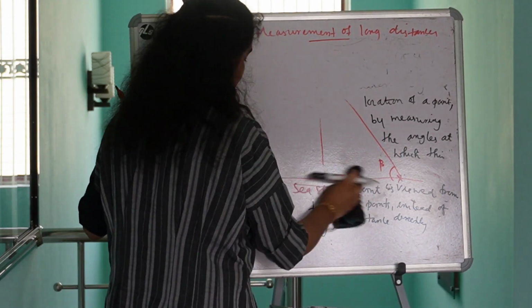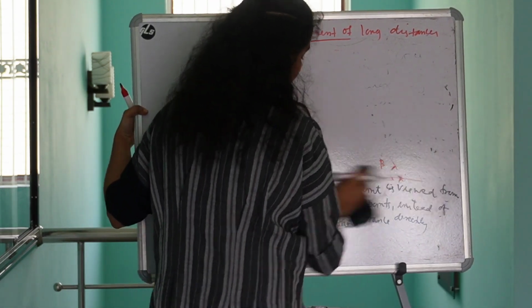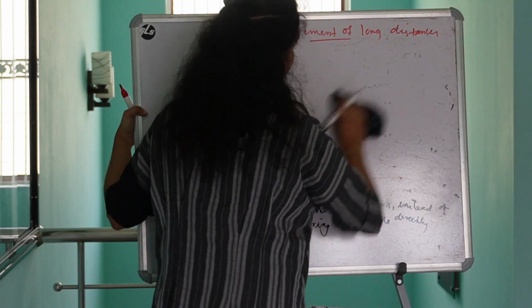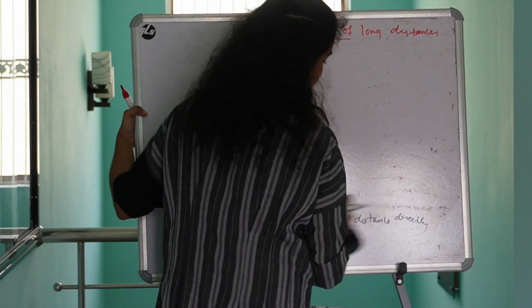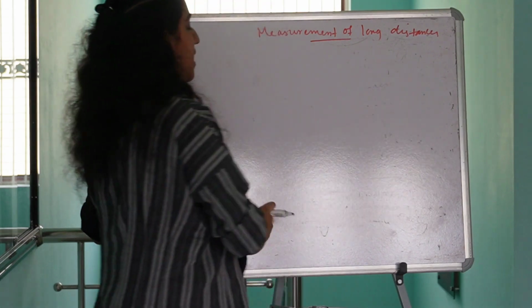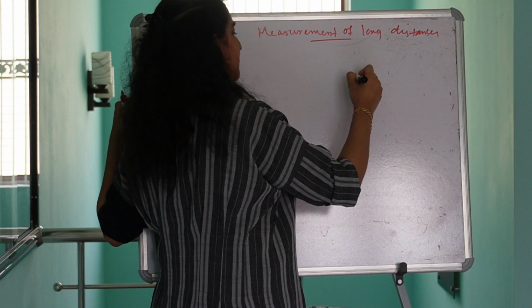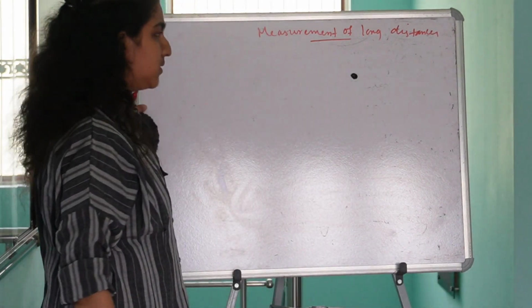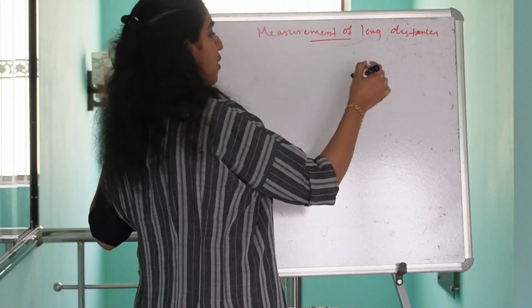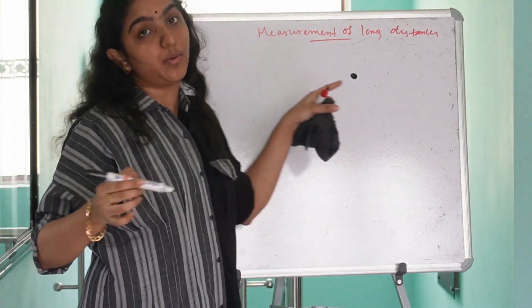Let's try to understand parallax method through an example. So mark a point like this on a wall or any other background. Hold a pen or pencil like this vertically against the point.